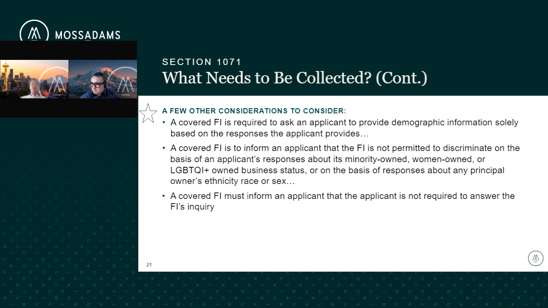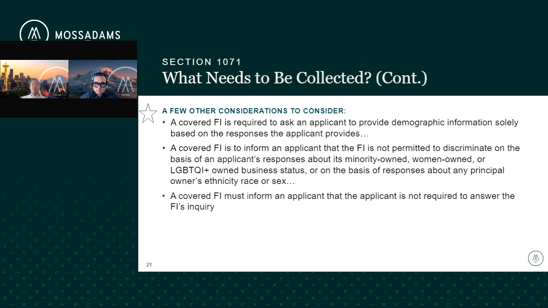The final rule requires a covered financial institution to inform an applicant that the FI is not permitted to discriminate on the basis of an applicant's responses about its minority-owned, woman-owned, or LGBTQI plus owned business status, on the basis of responses about any principal owner's ethnicity, race, or sex, or on the basis of whether the applicant provides this information.